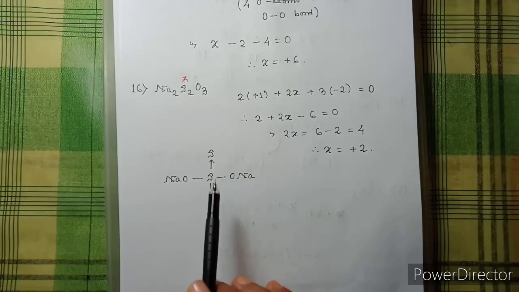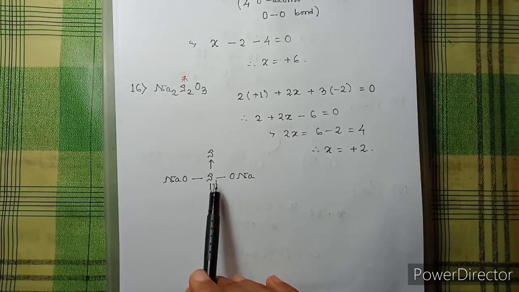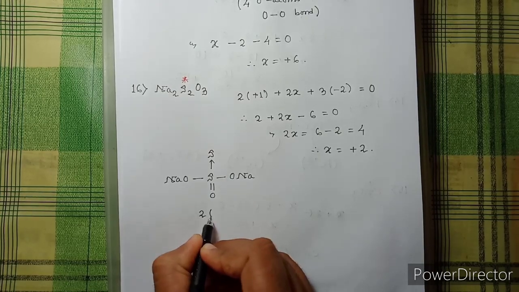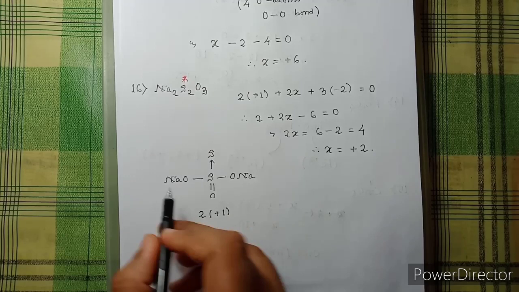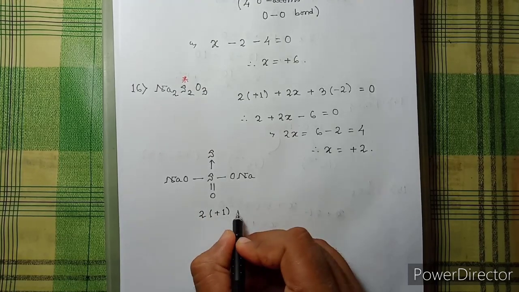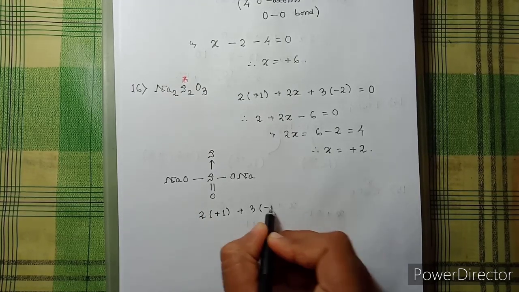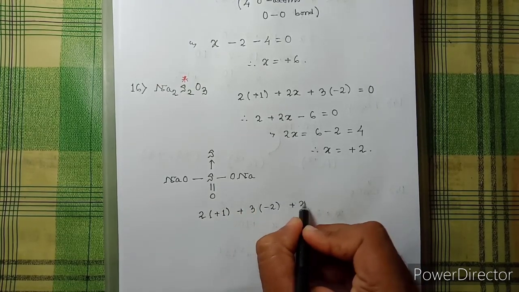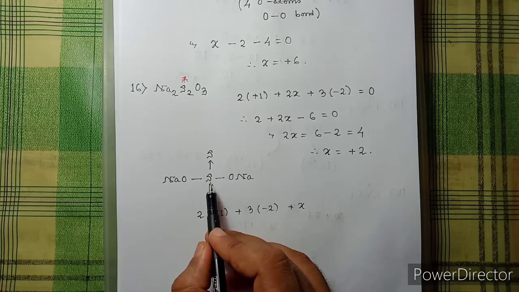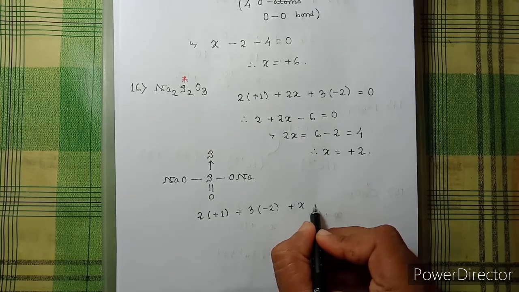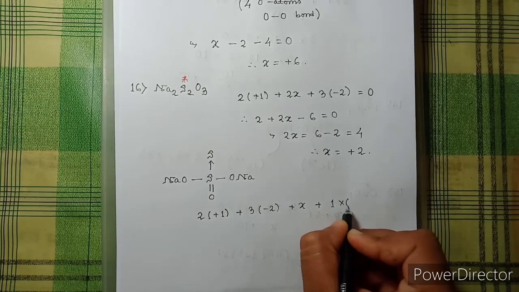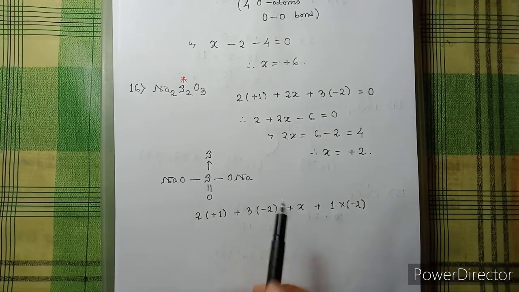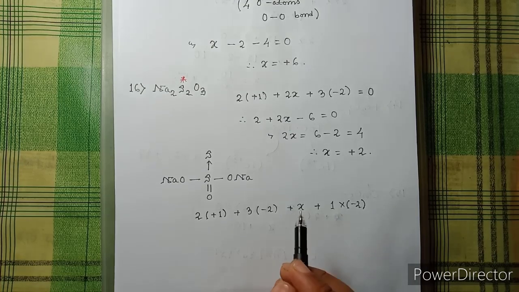If the oxidation number of the other sulfur atom is taken as x, then we can write 2 into plus 1 for these two sodium atoms, plus 3 into -2 for these three oxygen atoms, plus x for this sulfur atom, plus 1 into -2 for the sulfur atom held by the coordinate bond.